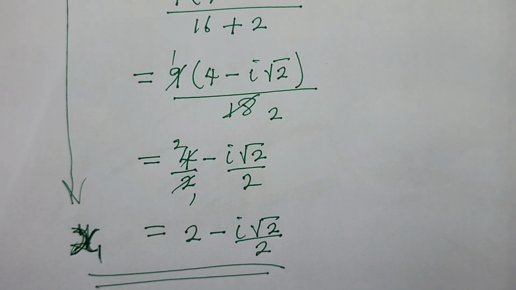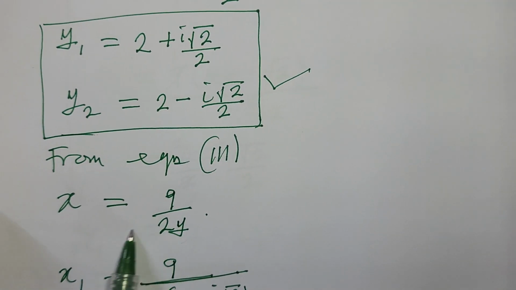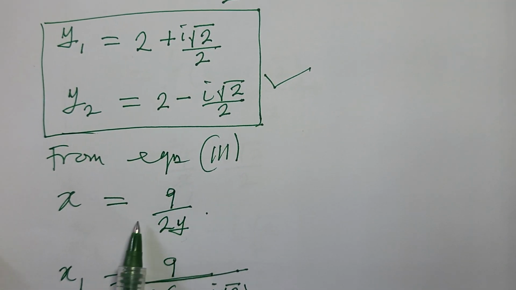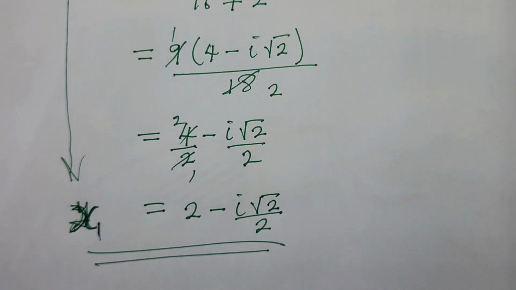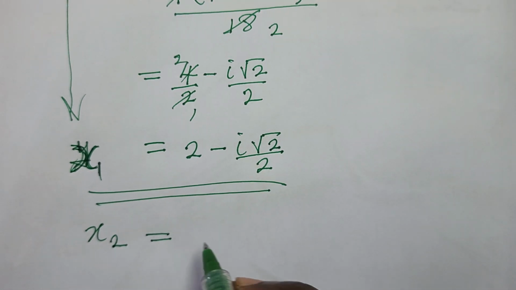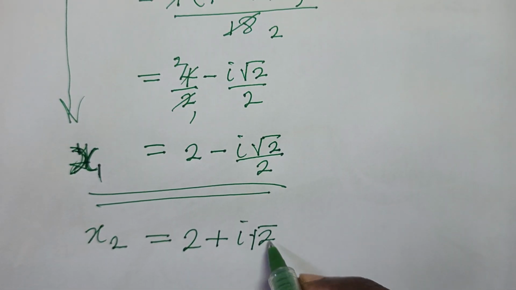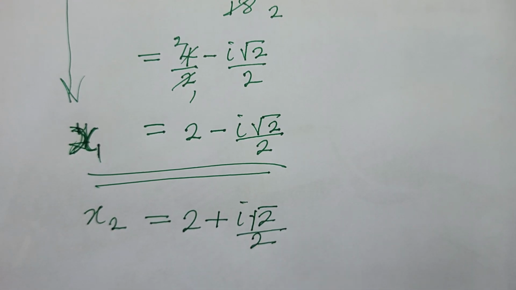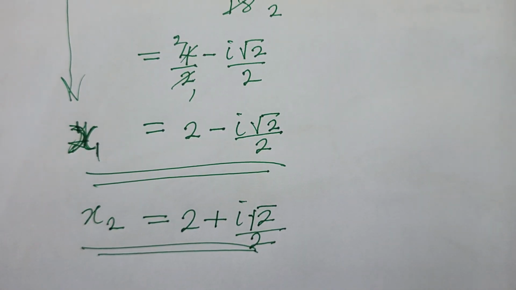Now, if we substitute our y2 into equation 3 again, which is this, it's going to give us our x2 to be 2 plus i into square root of 2 all over 2. So these are the two values for our x1 and x2.